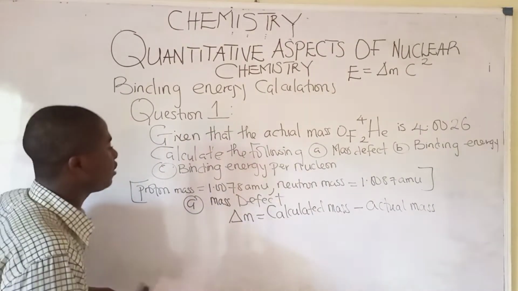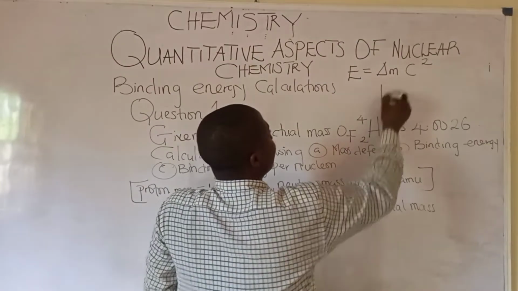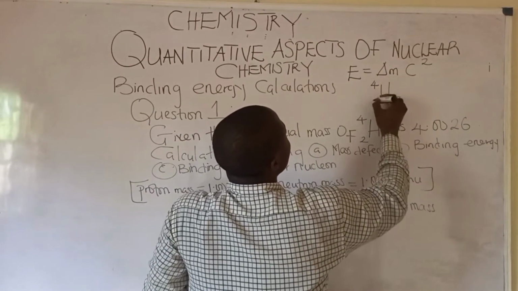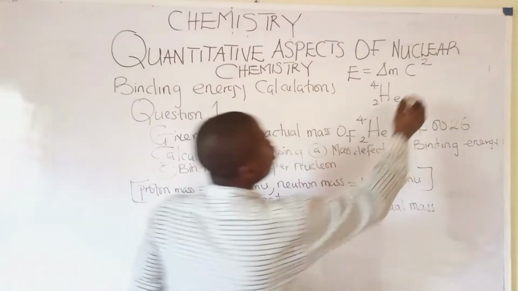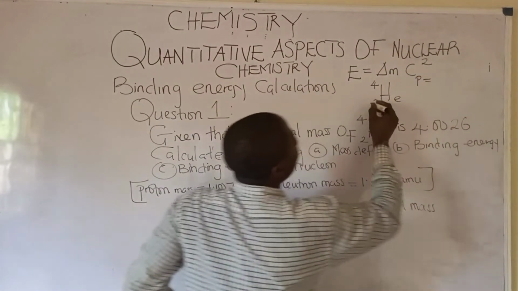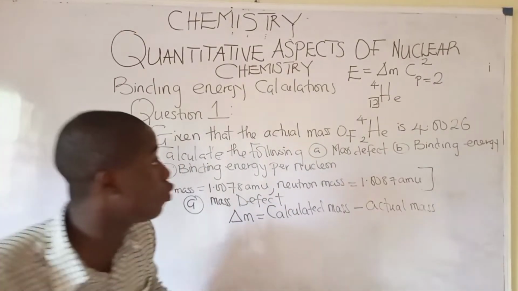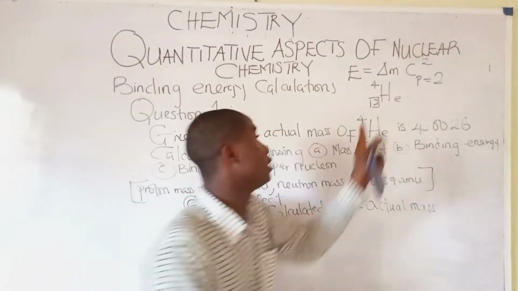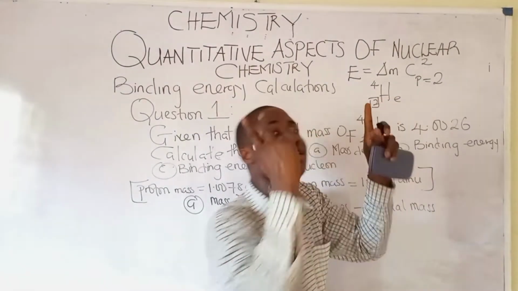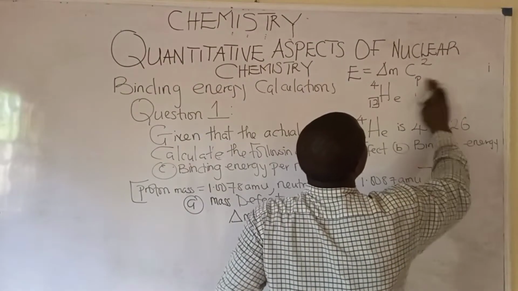Very easy. Now, let's bring out this particle here. So helium 4, 2. Now, first things first, what is the proton number of this helium particle? It is 2. The proton number of the helium particle is 2 because the number down here, the atomic number and the proton number, they are the same thing. Now, secondly, let's calculate the neutron number.